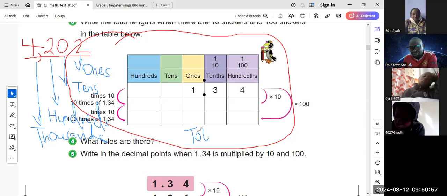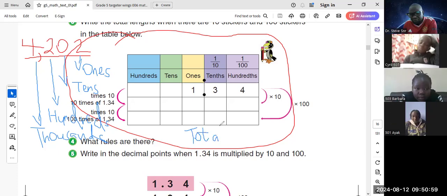Now, when it comes to total value, we write in digits. In this case, we want the total value of the digit 4. Digit 4 is here.